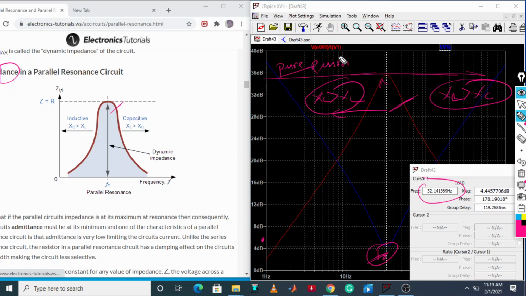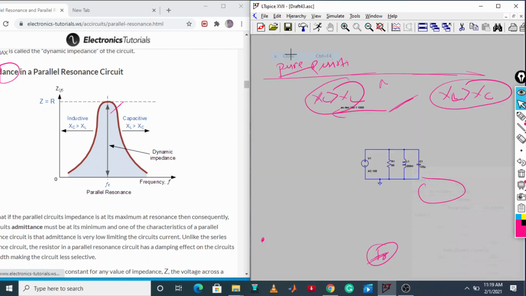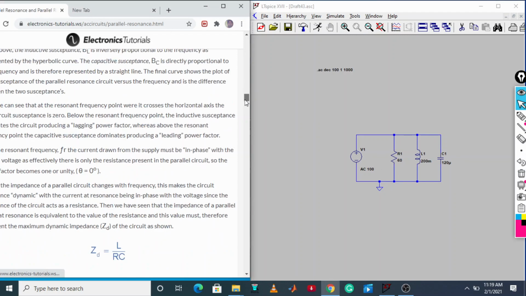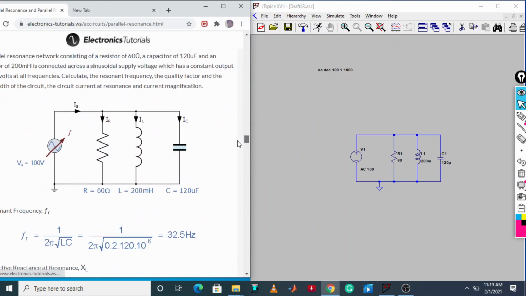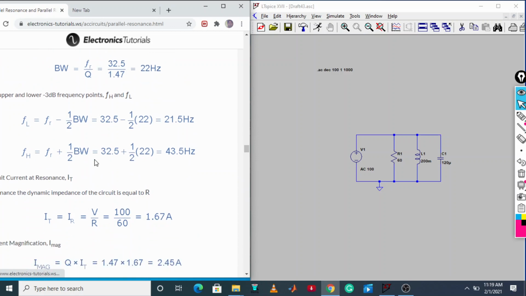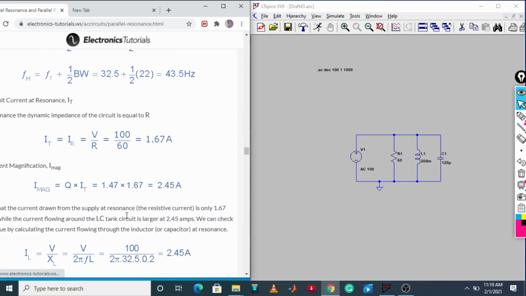Now we are going to check the current across all this. So let me first close this graph and delete all this. Now I am going to give a pure sinusoidal source, and we are going to calculate the currents IR and IL.